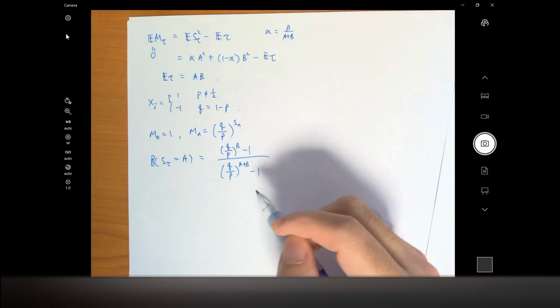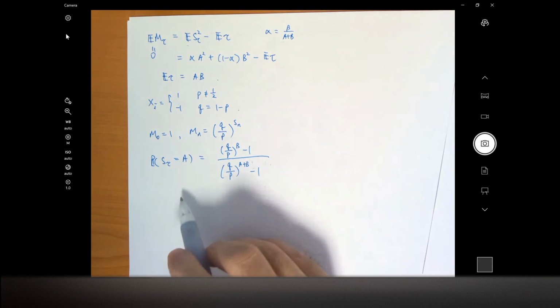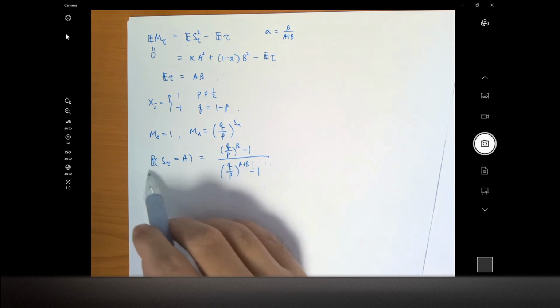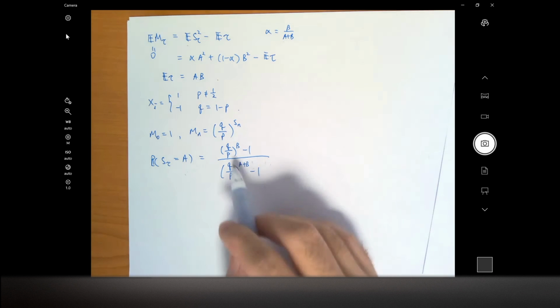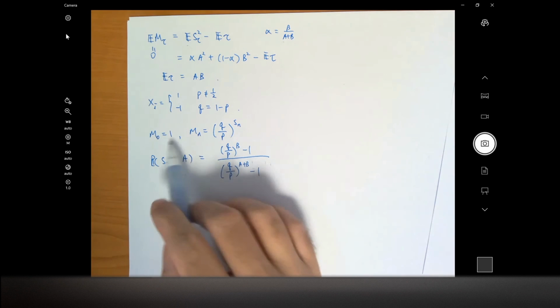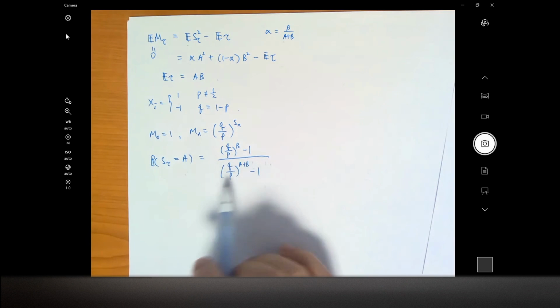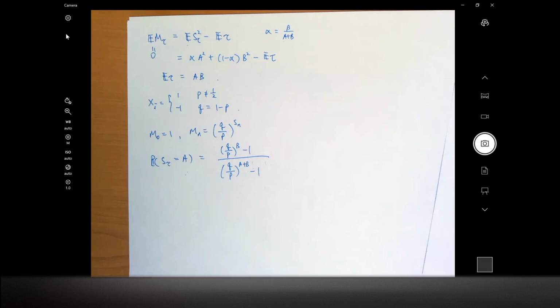Take a look and see whether you can find the expectation of tau or not. Okay, so at least the probability of S tau equals to A, using the same technique as before but making use of this new martingale, you will be able to get this. I don't have the expectation of tau written here. Okay, any questions here?